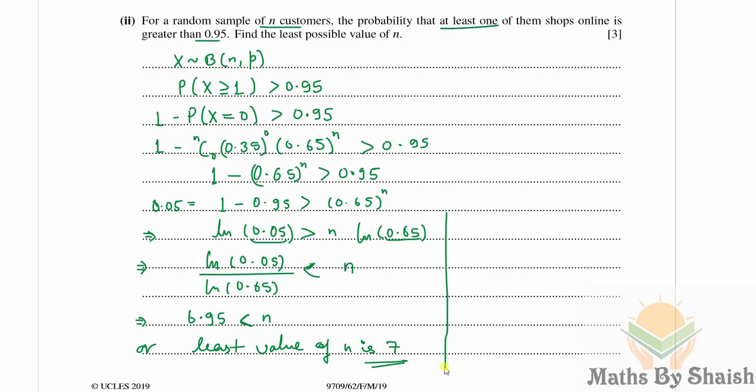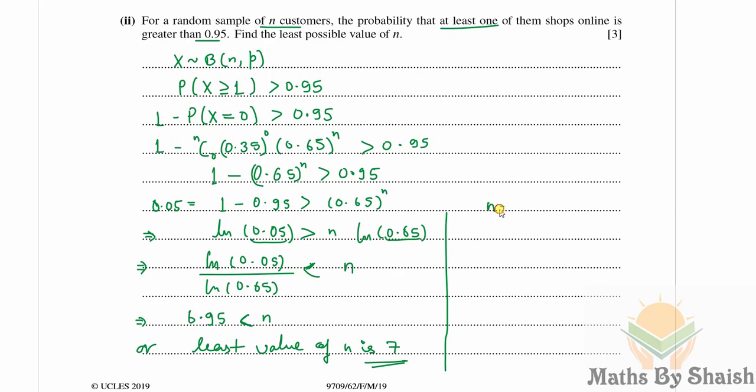Otherwise, if we want to do it by guessing, then we need to calculate this by putting the value 0.65 in the calculator and keep on doing it for different values of n. We want 0.65 to the power n to be less than 0.05. We cannot put n as 1, so we can start from n equal to 2.